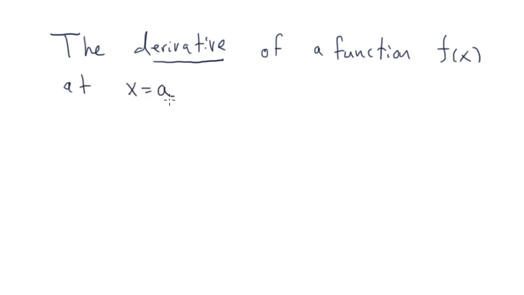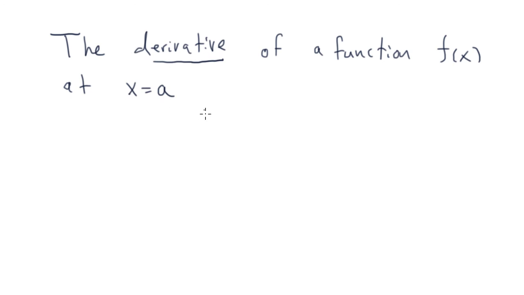So notice the difference between average rate of change and what we're defining here. The average rate of change is over an interval, and the derivative is at a specific point. It's an instantaneous rate of change.